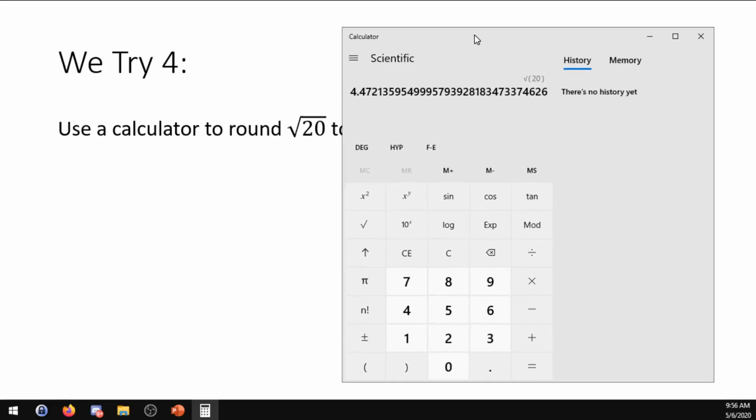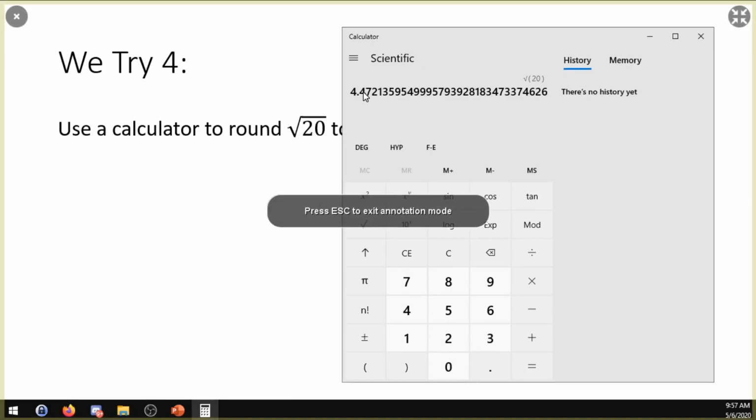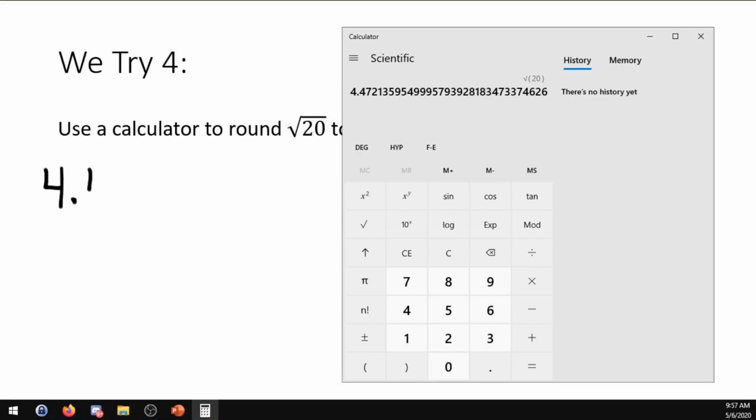So let's round it to 2 decimal places. It looks like I have 4.4721359. That's good enough. I want to round it to 2 decimal places, so I'm going to look at the second decimal place, and I know this is the one that I might need to change, and I'm going to look to the guy to the right.